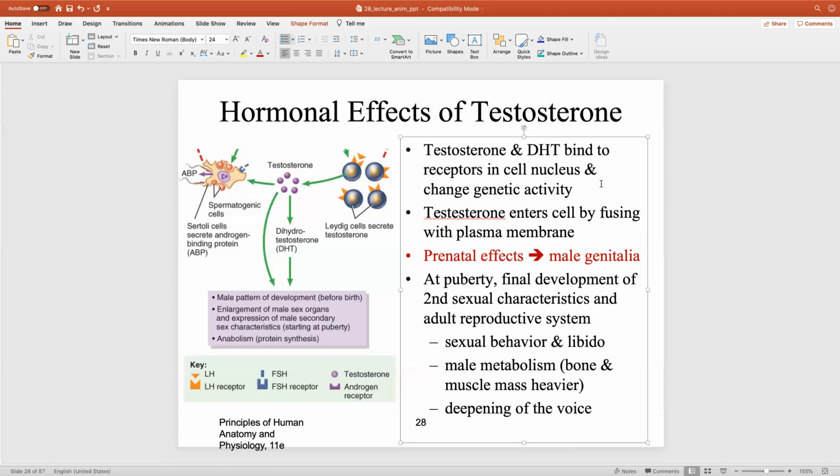So all of those ducts will eventually turn into either the female or male reproductive ductal system. But early on in gestation, we have both sets, right? So it doesn't matter if you have testes, doesn't matter if you have ovaries. When you first conceive, you have both sets of ducts.